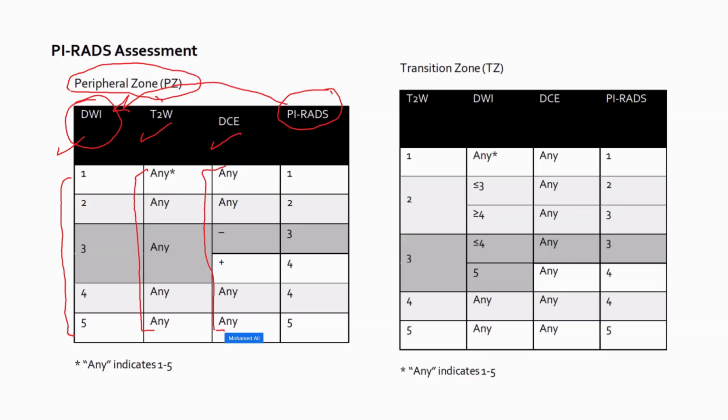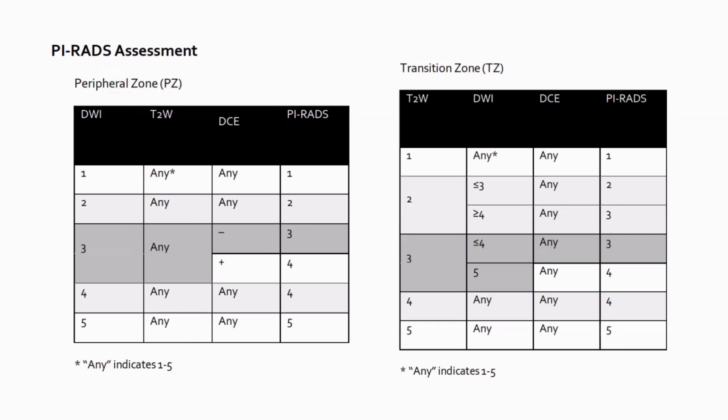According to these scores, we estimate the RADS classification. Today, in the transitional zone, the leader is the T2 weighted image, not the diffusion. So the RADS will obey the orders of the T2 weighted image.